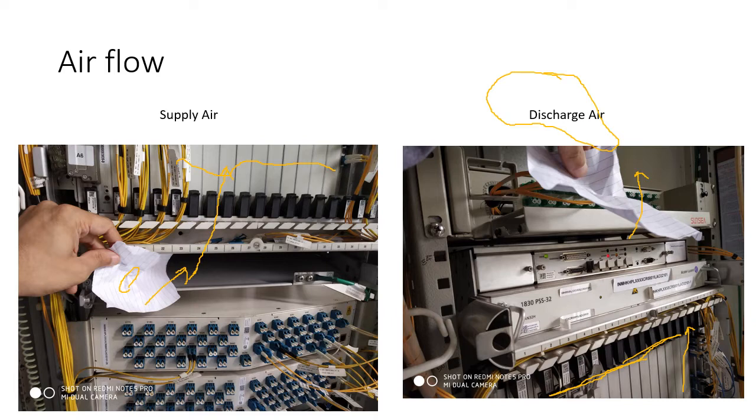But you see the Sunsi equipment is placed here, and because of this the discharge air doesn't have a proper path to move in the upward direction. And finally, this air is coming out from this gap and is again mixing with the cold air, creating a short cycle. So this is not an effective way of cooling. Because of this short cycle, the equipment cooling is not happening properly.